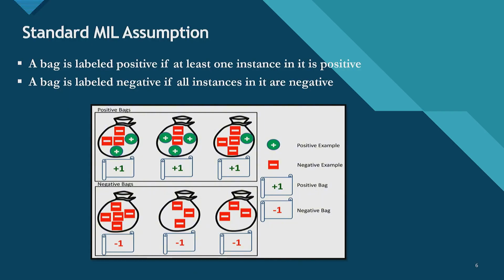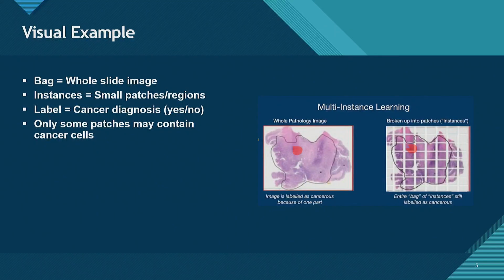For example, tumor or non-tumor: non-tumor we call a negative bag, and in tumor at least one instance should be positive. For example, in this, this area is tumor, so we call this slide a positive bag.